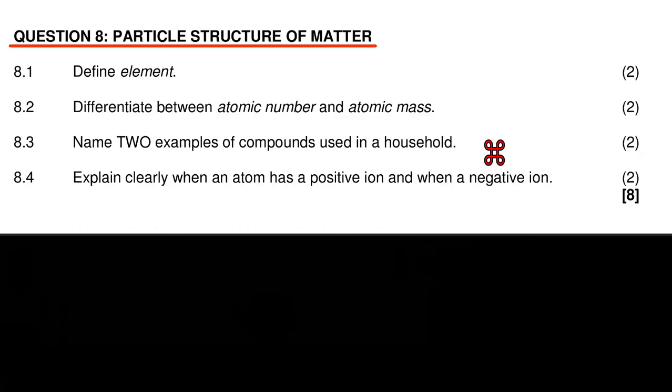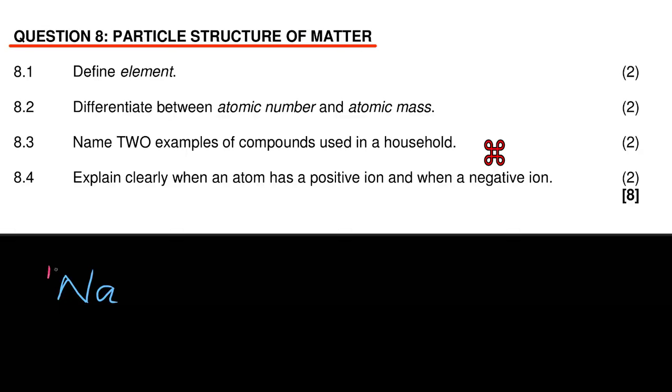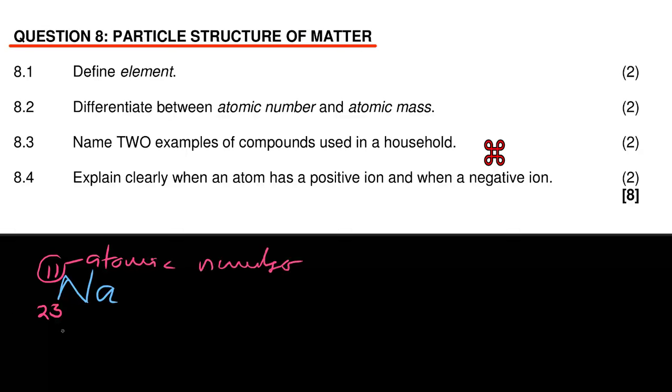Just to give an example, take sodium. You'll discover that in the periodic table, sodium is written with 11 and 23. These two numbers, the top number represents the atomic number and the bottom number represents the atomic mass.